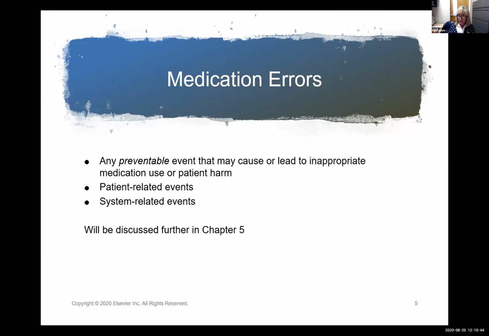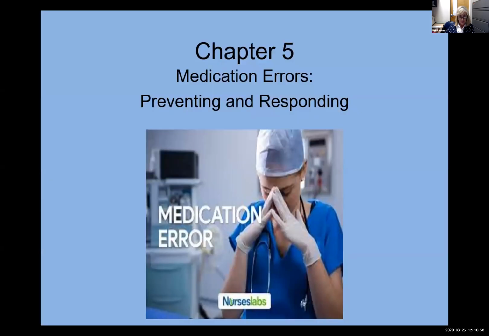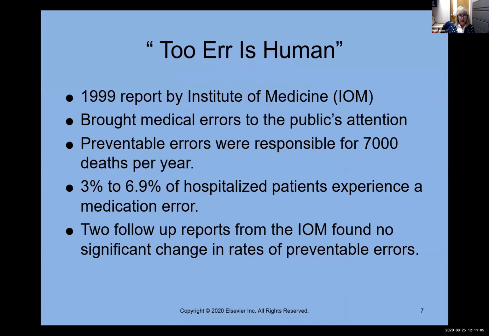If it's the wrong patient, if it's the wrong drug, if it's the wrong dose, the wrong route, or the wrong time, those are all medication errors. So what we want to do on the front end is help to prevent these medication errors.